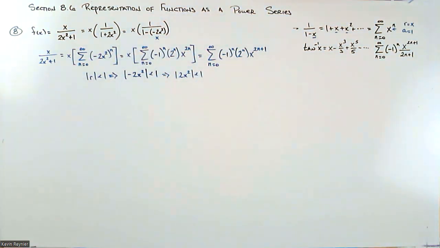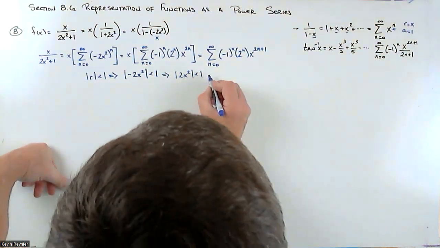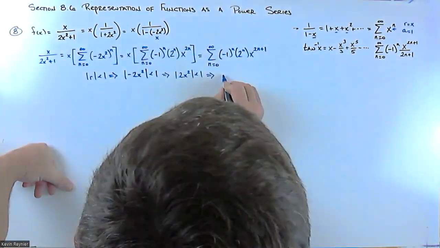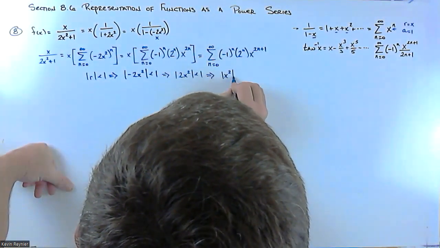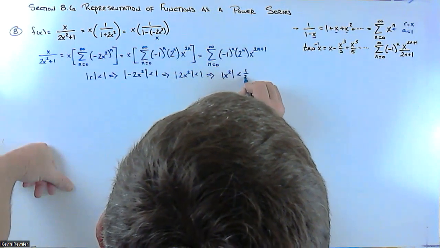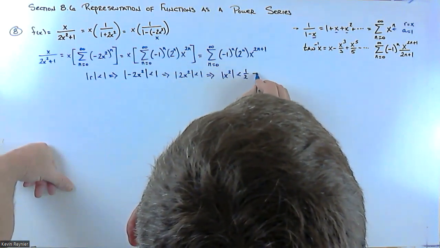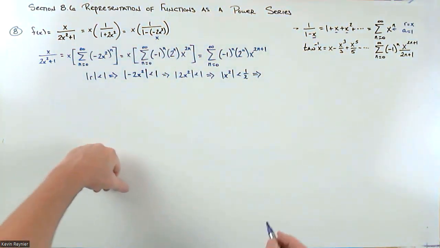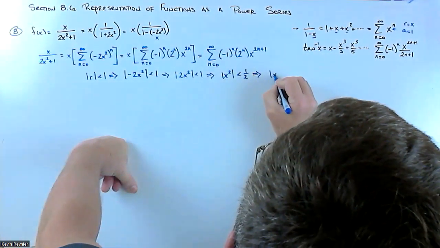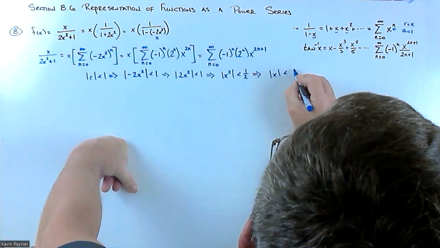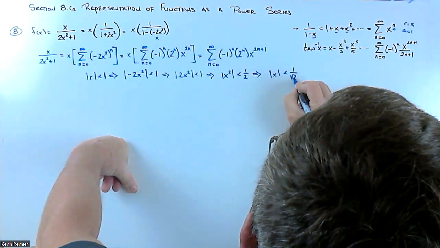Remember in the homework directions, it's to determine the interval of convergence. We're going to divide both sides by 2, which gets me to the absolute value of x squared is less than 1/2. And then when we take the square root of both sides, we get the absolute value of x is less than 1/√2.